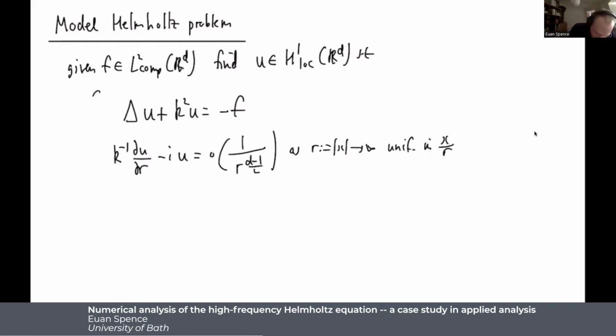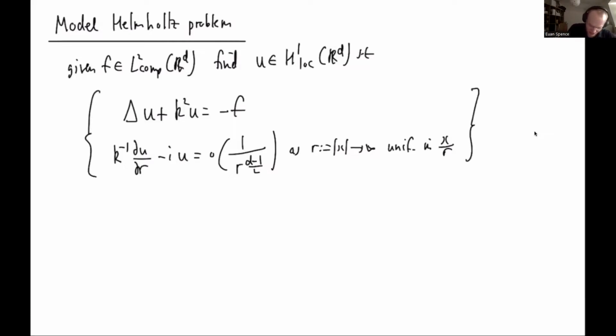Okay, so that's this model Helmholtz problem, and in fact, I'm going to divide my Helmholtz equation through by k squared. So I'm going to write it as k inverse Laplacian of u plus u, and then I change my f appropriately, dividing the original f by k squared to get the Helmholtz equation in this form. What I'm doing is weighting each derivative with an inverse power of k.